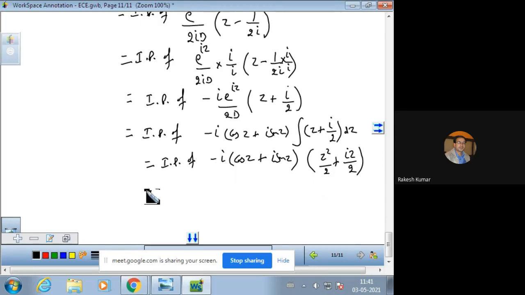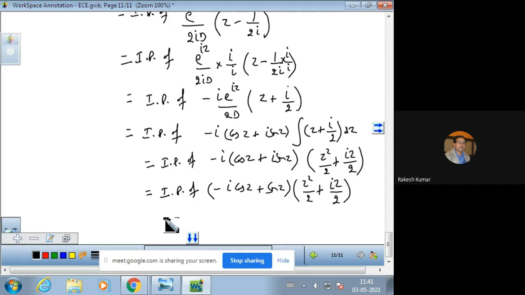So first of all, multiply iota here. So you will have minus iota cos of z, and iota into iota is minus 1, that will be plus. So that will be sine of z, into z square over 2 plus iota z over 2. Now you know what we require.